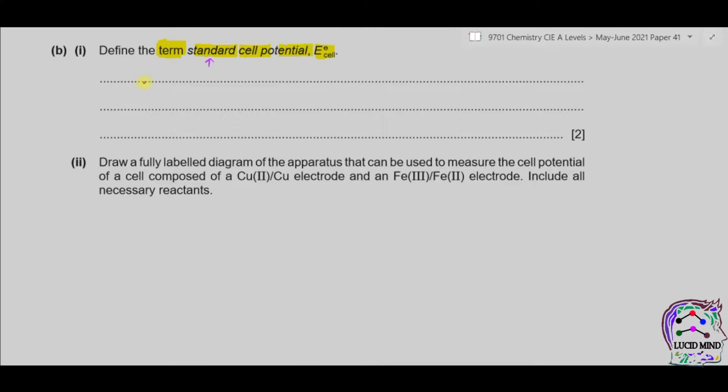So we can write that it is the difference in electrode potential between two half cells when all solutions present in these two half cells obey standard conditions.